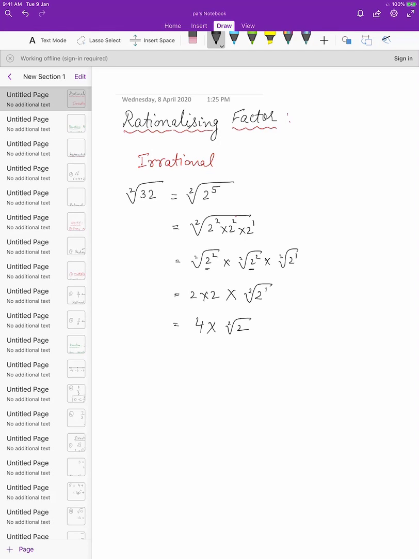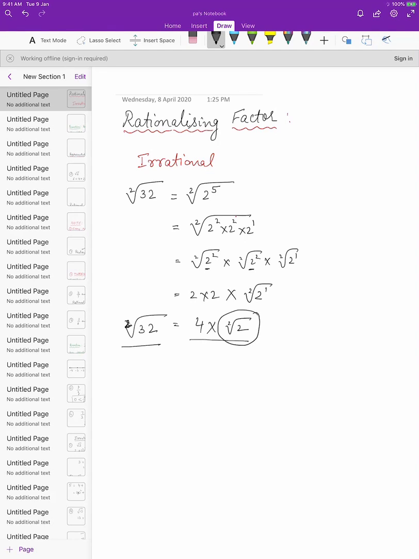Now this is an irrational number. I want to find out the rationalizing factor for this number. Either you say square root of 32, or you say 4 into square root of 2. How can I make this number a rational number? The basic thing is that I want to get rid of this number because it is in the radical sign.